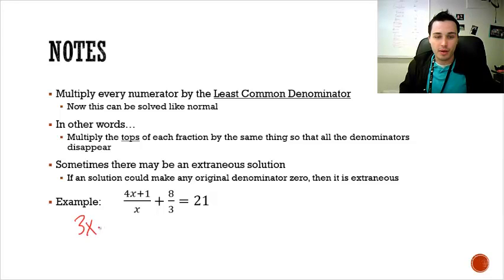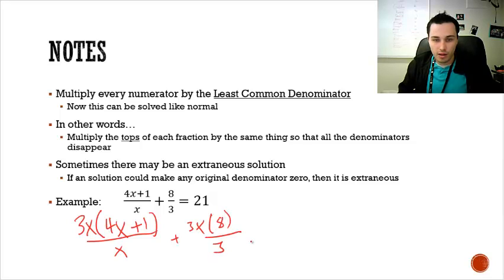So I multiply 3x times (4x plus 1) over x, and 3x times 8 over 3, equals 3x times 21. In doing so, the x's would cancel, the 3's would cancel, and at the end nothing would cancel.